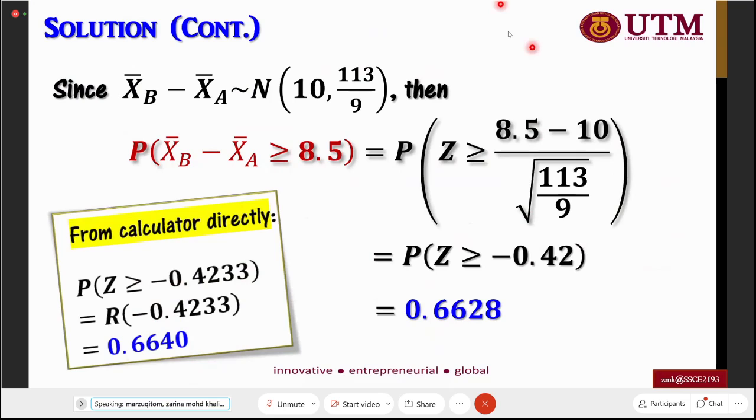Doctor, how do you know this is a normal distribution? Very good question, Marzuki. I mentioned just now, you sample from an unknown population, right? You sample from an unknown, non-normal distribution.